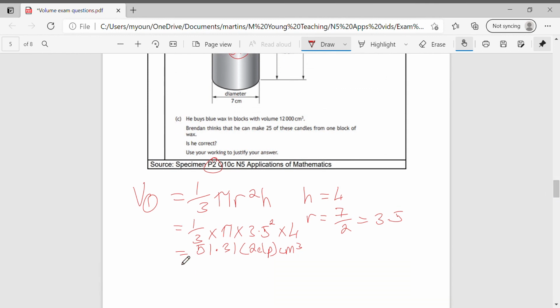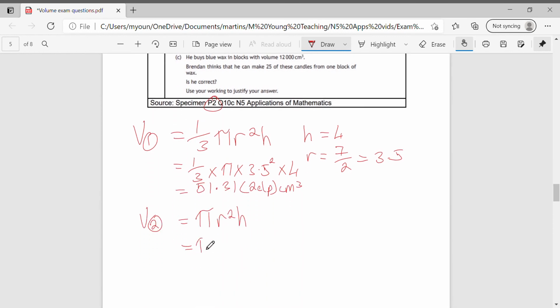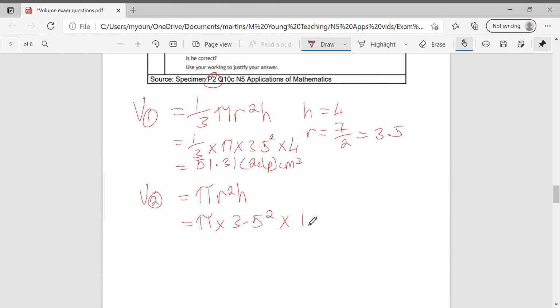And then let's work out the volume for the cylinder. That's dead easy, it's pi r squared h. We worked out what the radius was, and we're told the height is 12. So pi times 3.5 squared times 12. Get an answer. Pi times 3.5 squared times 12, and that's 461.81, and that is also 2 decimal places, and that's cubic centimetres.